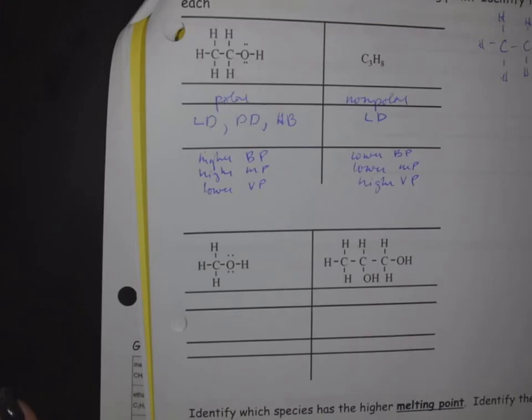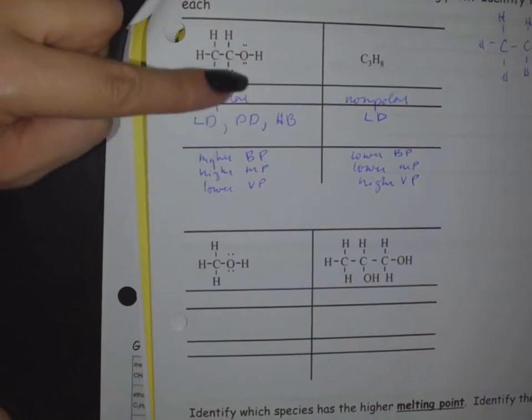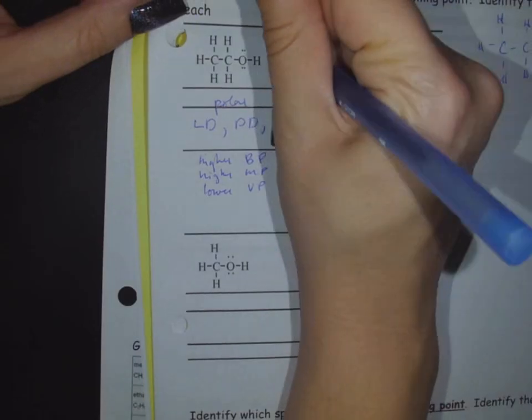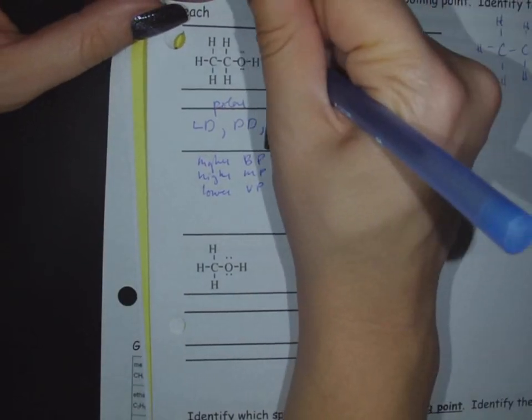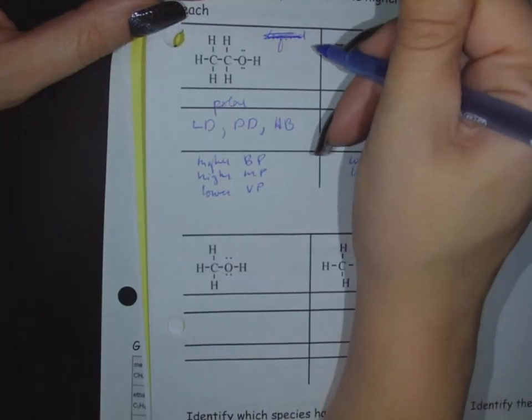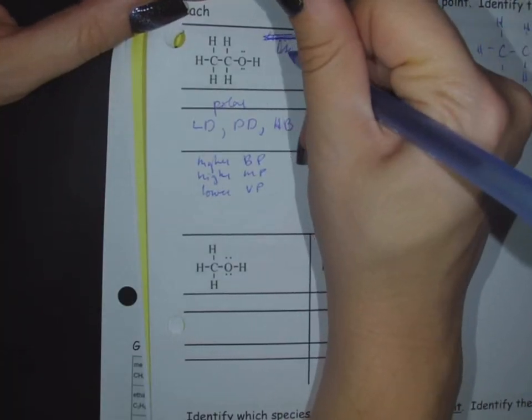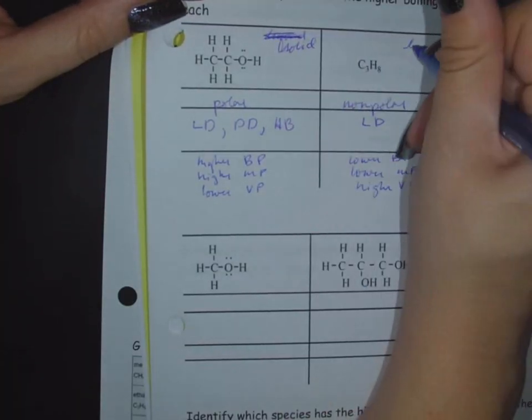So in general, IMFs are much stronger in solids, a little bit less in liquids, and then they're the weakest when it's a gas. So if we had this information that one was a solid and one was a liquid, this one would probably be the liquid. And this, or sorry, for students, dyslexic teacher. This one would be the solid, and this one would be the liquid.